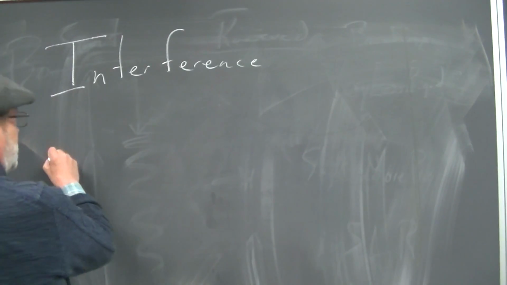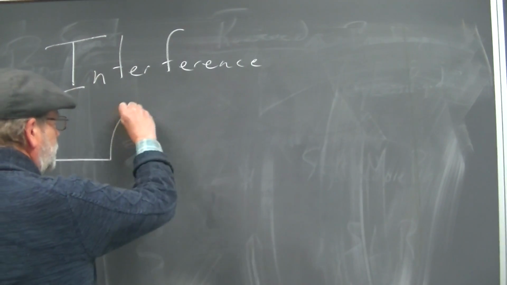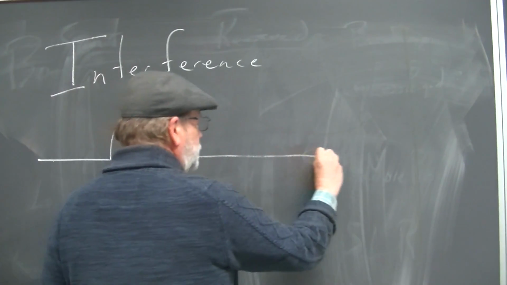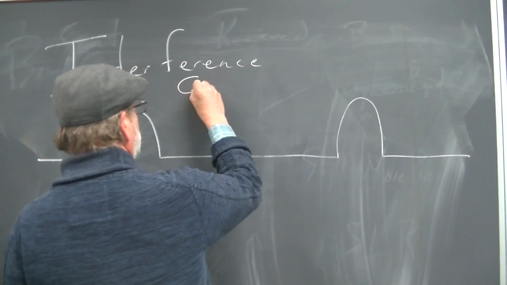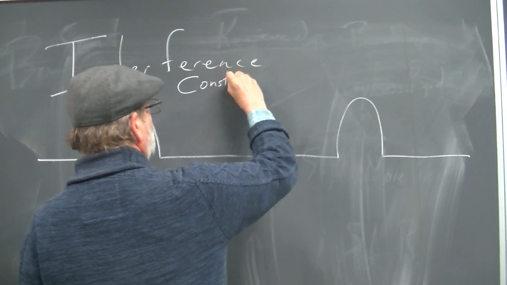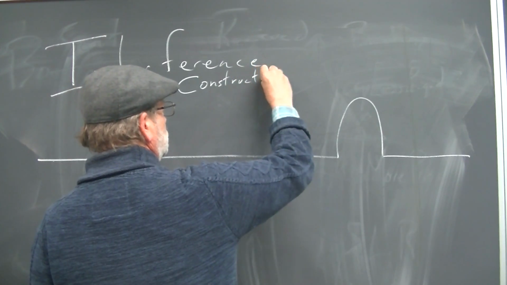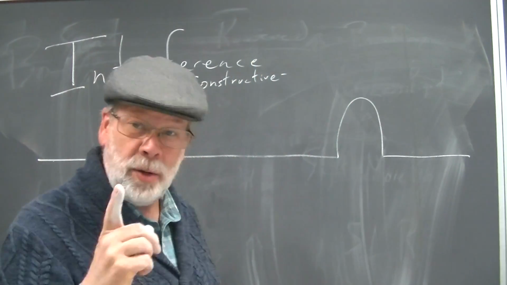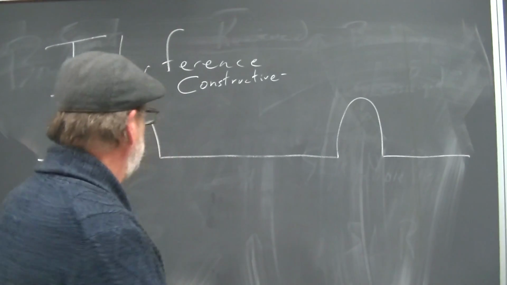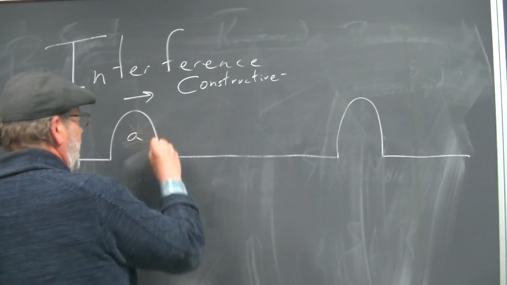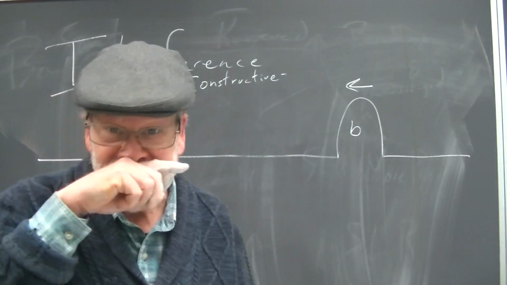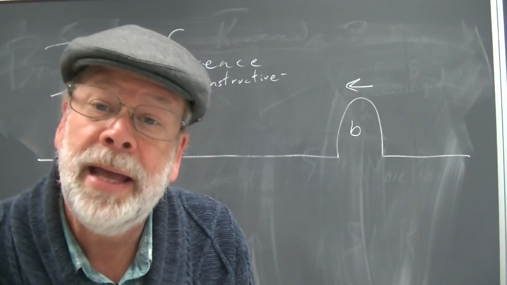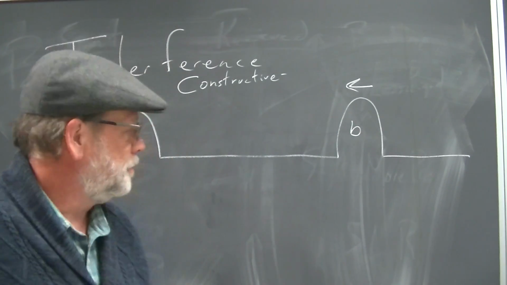All right, so consider the easiest way to represent it is with two pulses of equal amplitude. So this is going to be constructive. Two pulses of equal amplitudes heading towards each other. So we have wave A, we have wave B, and they are inbound. And in the next diagram, we indicate what happens when they meet.